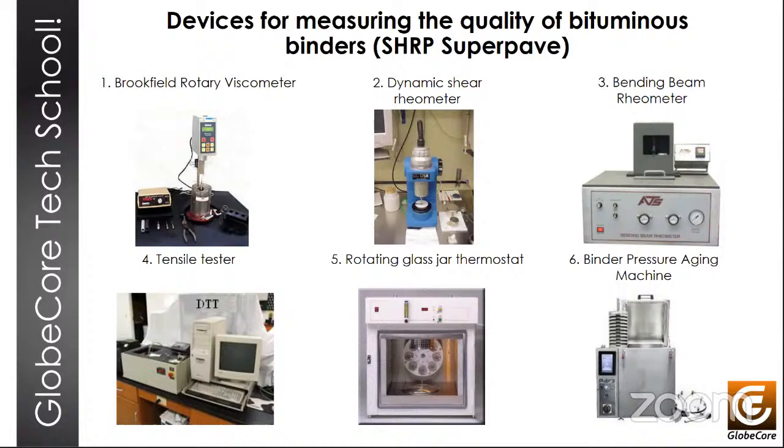And cuvettes containing 50 grams of this material each are kept in the chamber for 20 hours. The cuvettes removed from the chamber are also kept at a temperature of 163 degrees for 30 minutes in order to remove any air that may have been absorbed by the bitumen. And after this process, bitumen is tested in dynamic shear rheometers, in the bending beam rheometers, and the dynamic tension tests.